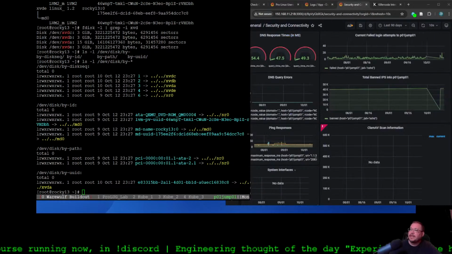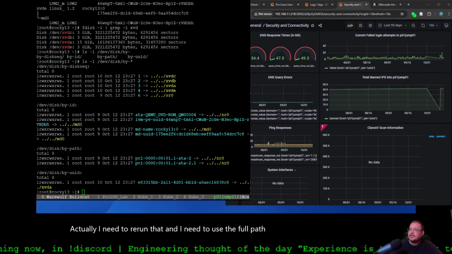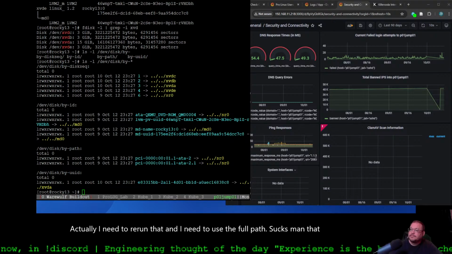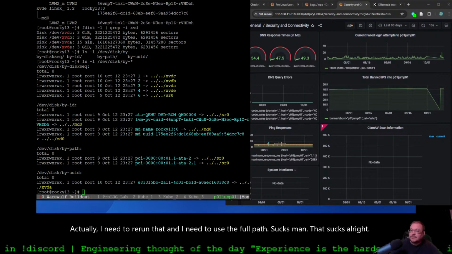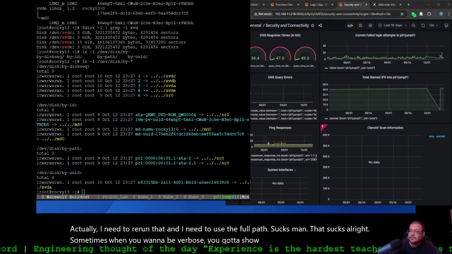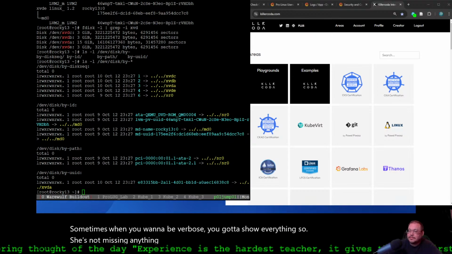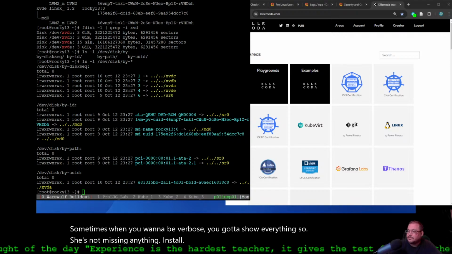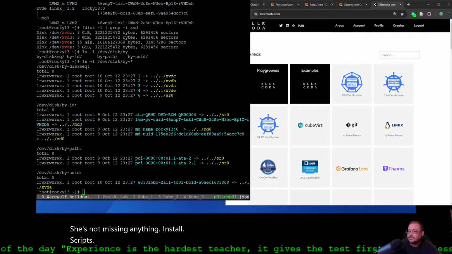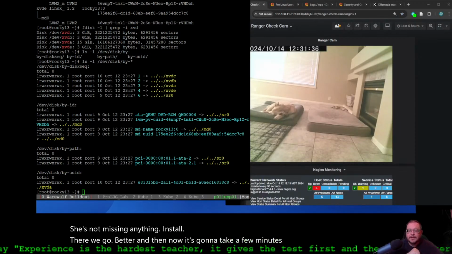Actually, I need to rerun that, and I need to use the full path. That sucks. All right. Sometimes when you want to be verbose, you have to show everything. I'm not missing anything. Install scripts. There we go, better. Now that's going to take a few minutes to run.